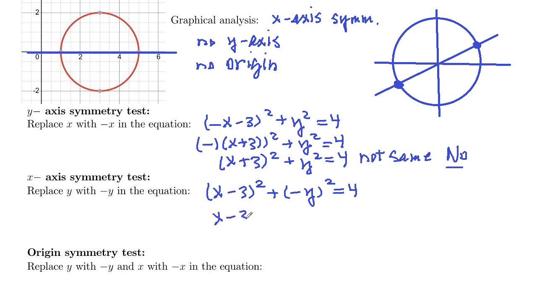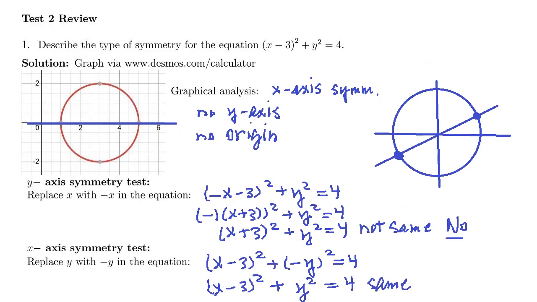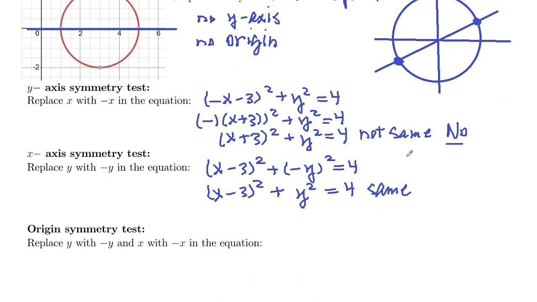So this is x minus 3 squared plus y squared equals 4. And that is equivalent to the equation we started with right up here. That's equivalent. So we do have x-axis symmetry. So this is a yes.